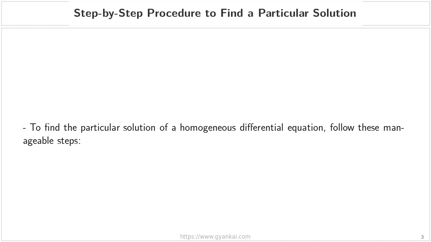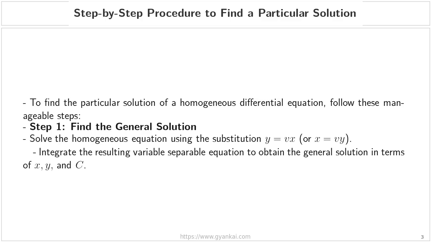Step-by-step procedure to find a particular solution. Now that we understand the difference between a general family of curves and a single, specific curve, let's look at the roadmap for solving these problems. To find a particular solution for a homogeneous differential equation, you don't need to guess. You just need to follow these 5 manageable steps. Step 1 is the most important.